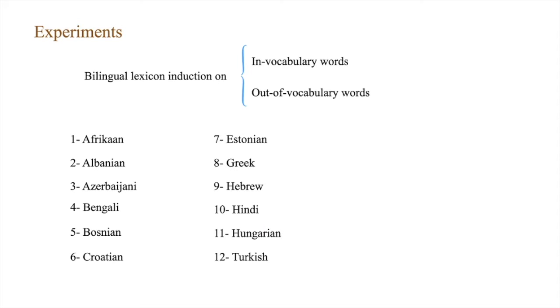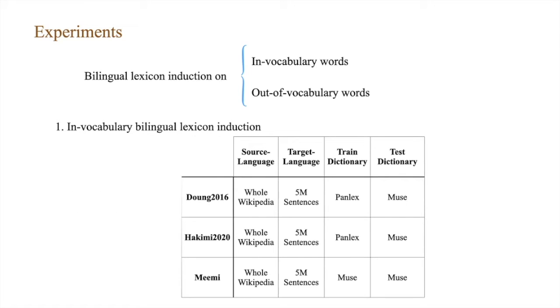To compare these four models, we consider two intrinsic tasks, bilingual lexicon induction for in-vocabulary words and bilingual lexicon induction for out-of-vocabulary words. We consider these 12 lower resource and understudied languages for our experiments. For these two experiments, for Duong and Hakimi, we consider the same configuration and settings that they reported in their paper.